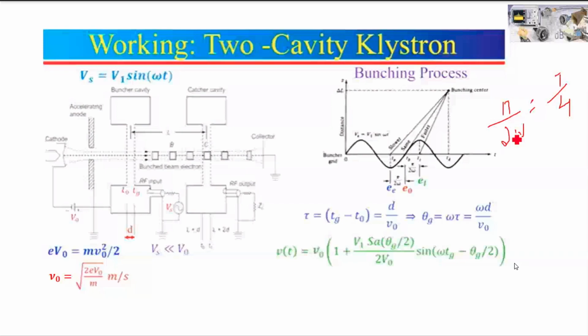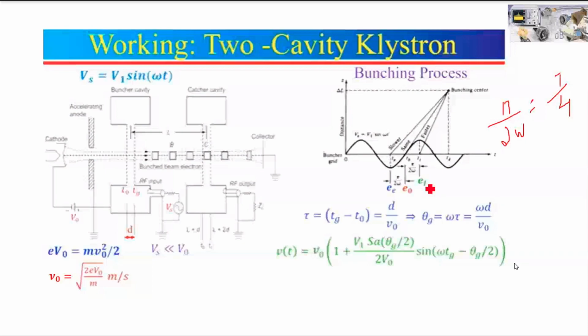Now let us say we have one more electron. I'm basically taking 3 electrons and showing them here. Let us consider one more electron, the late electron EL, which reaches the buncher cavity at the point when the input RF signal is at positive maxima. You can see here it is at positive maxima.